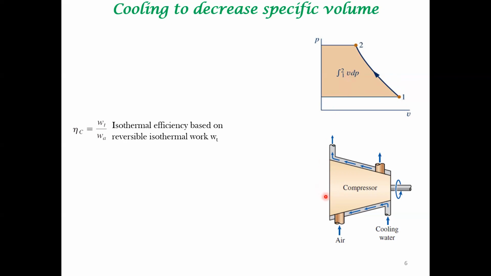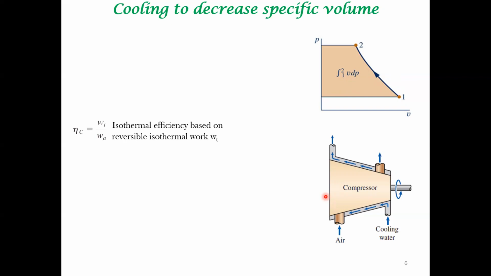Therefore, you artificially cool the system. For example, in an air compressor, the act of compression is going to increase the temperature, thereby increasing the specific volume. You don't want this to happen because you want lesser work incorporated into the system. The work input should be less. Therefore, you artificially cool the system.